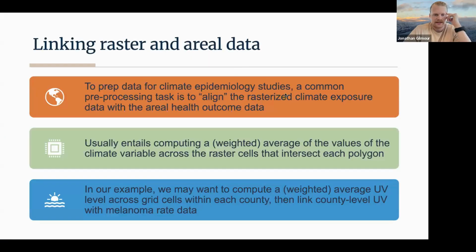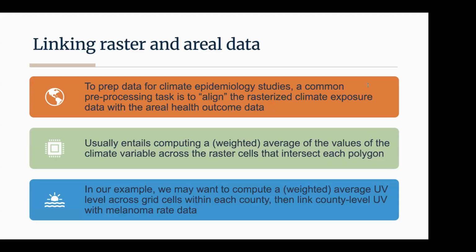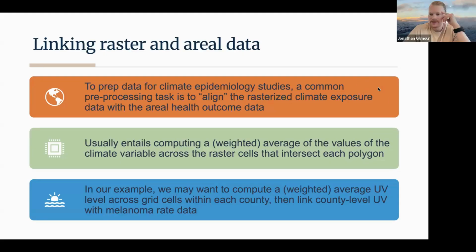Are we seeing linking raster and areal data? Yeah. Lovely. Okay. So now we get to do the fun part and link these together. We often in climate epidemiology align the rasterized climate exposure data with the health outcome data, the areal health outcome data.